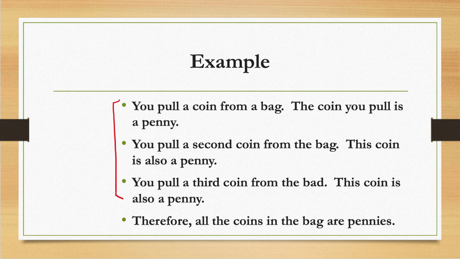This is going to be our conclusion: therefore, all the coins in the bag are pennies. That's a reasonable conclusion because you have drawn three pennies in a row. It may be correct, it may not be correct, but it's still inductive reasoning because you drew the conclusion based on your past experience.